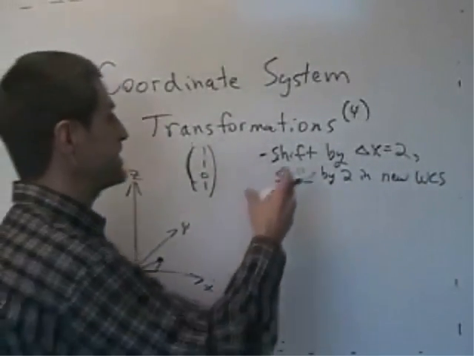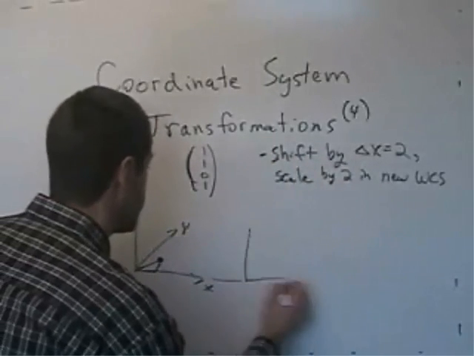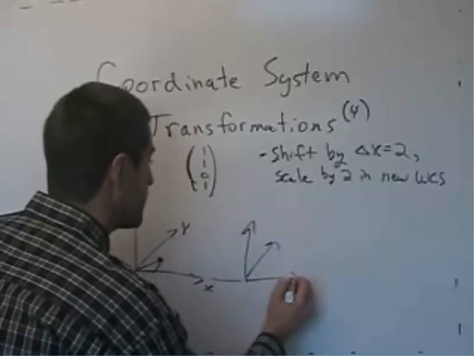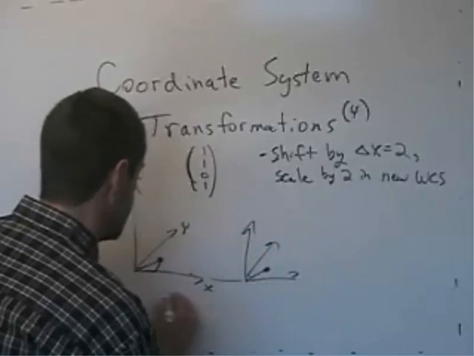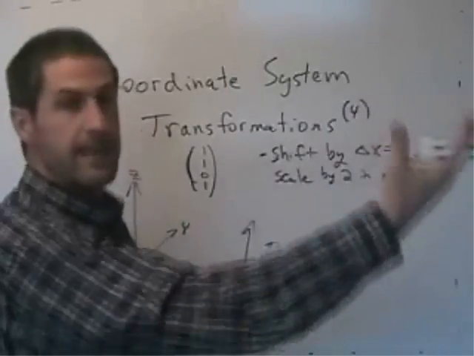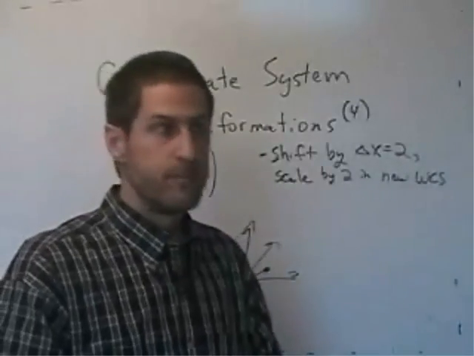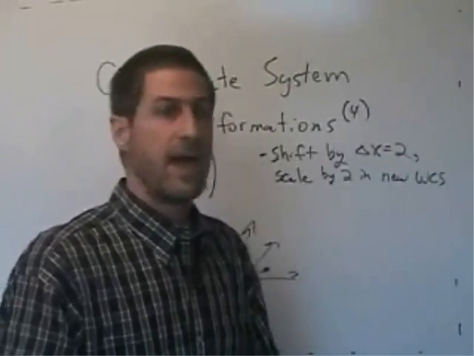So that's equivalent, basically, to taking a new coordinate system and shifting it over by 2. There's our vector still in there. So that's delta x equals 2. And then scale it by 2. Take that whole thing and enlarge everything by a factor of 2.